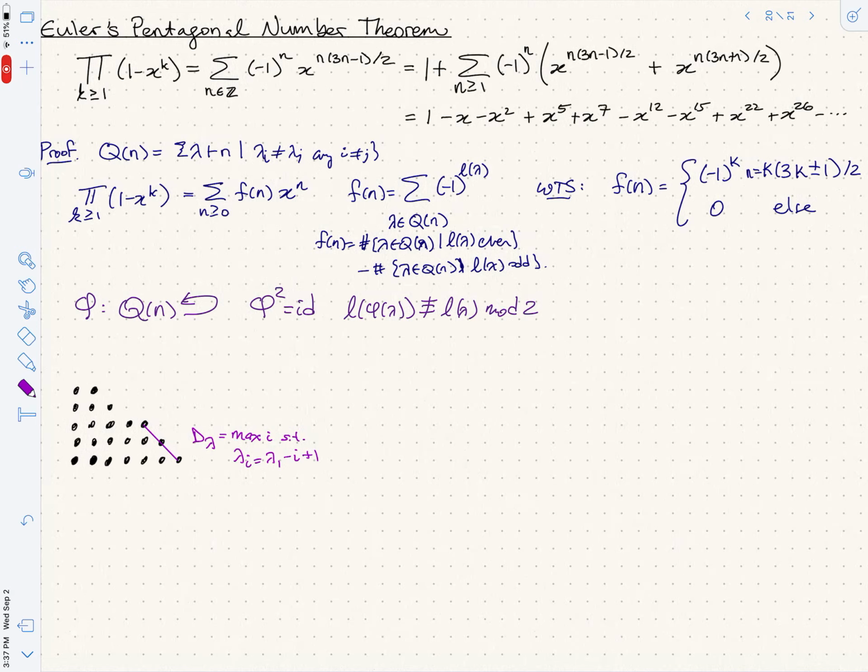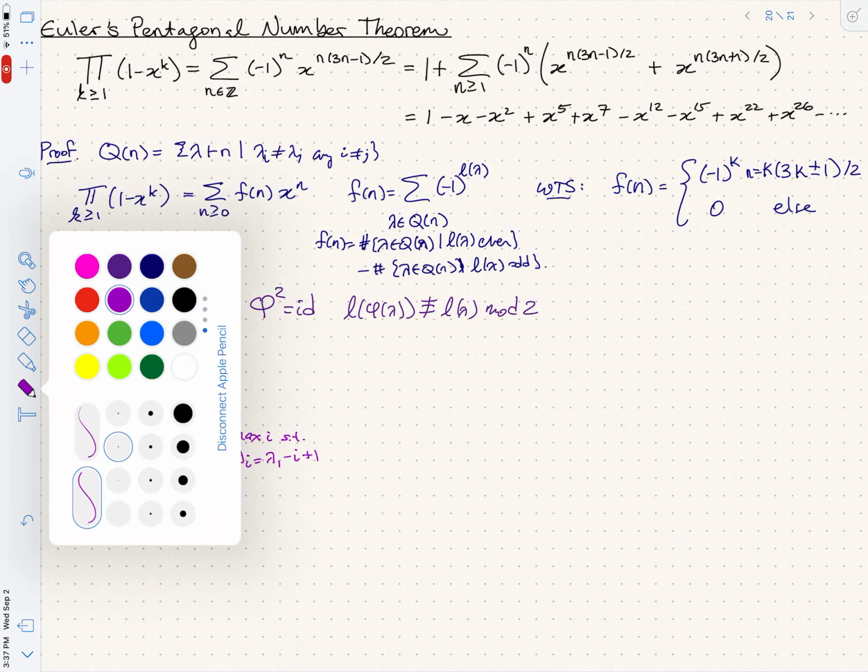Okay, so the number of times you decrease by 1. As you start at the bottom, you go down by 1, and when you have a gap of more than 1, you stop, and that's the end. Okay, so d lambda could be 1, or it could be the whole thing. But we certainly decrease by at least 1, so we know that that's going to happen.